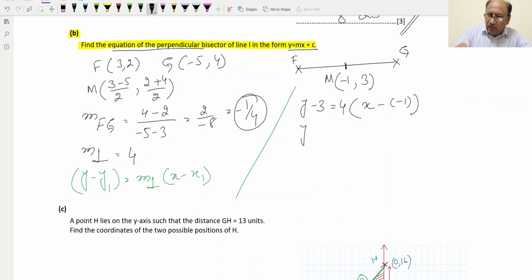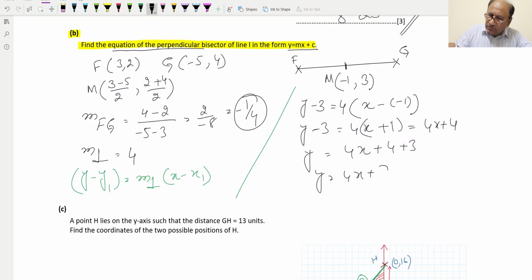So we can write y minus 3 is equal to 4(x plus 1), 4x plus 1 should be in brackets, and this is equal to 4x plus 4. Now we can write y is equal to, we are shifting the minus 3 to the other side, so 4x plus 4 plus 3. So y is equal to 4x plus 7.